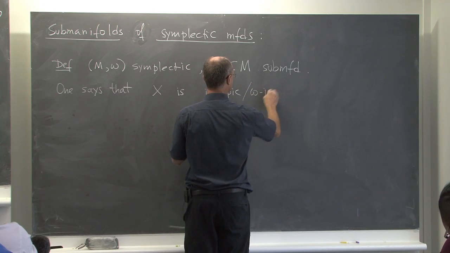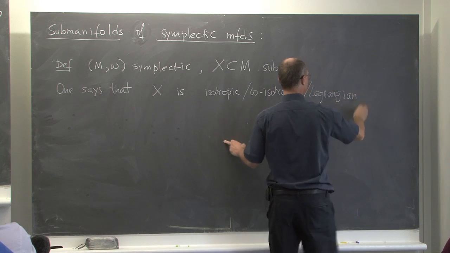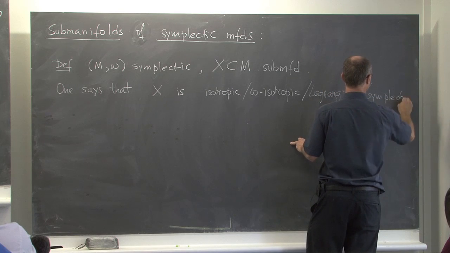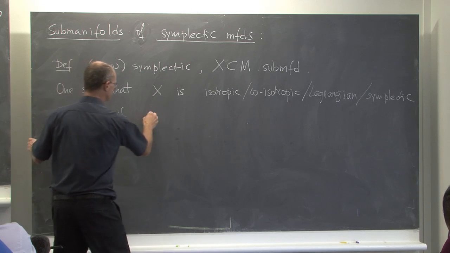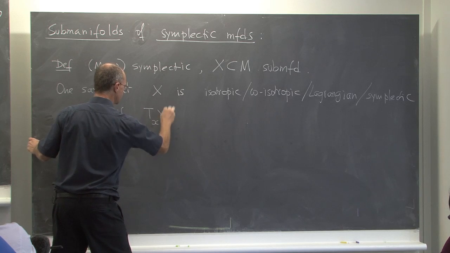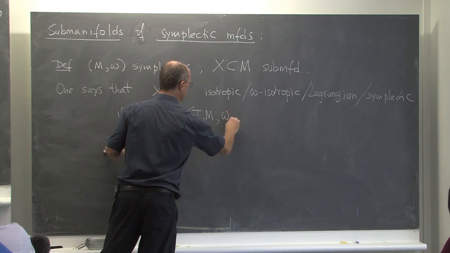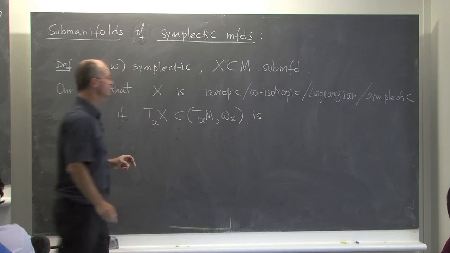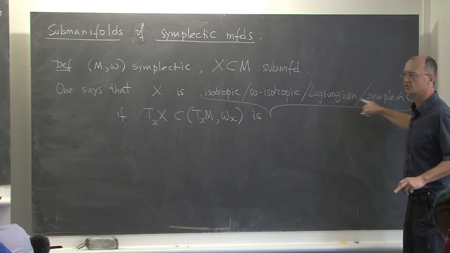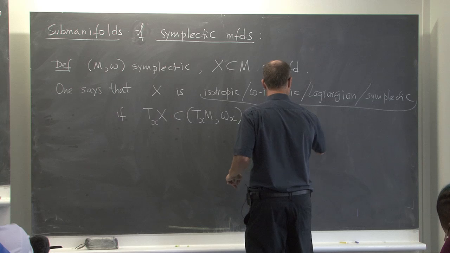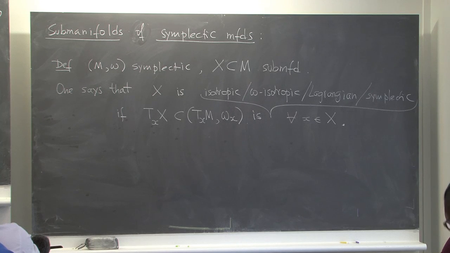Isotropic, coisotropic, Lagrangian, symplectic, if T_x X inside (T_x M, omega_x) is isotropic or coisotropic or Lagrangian or symplectic, for all x in X.